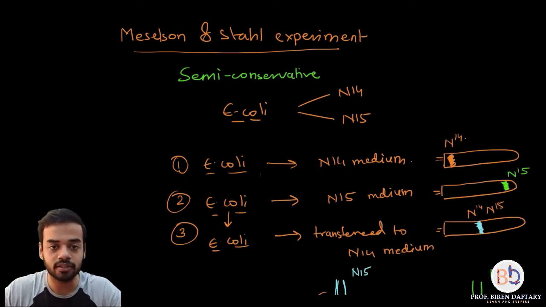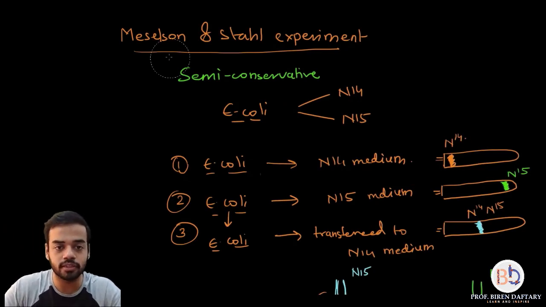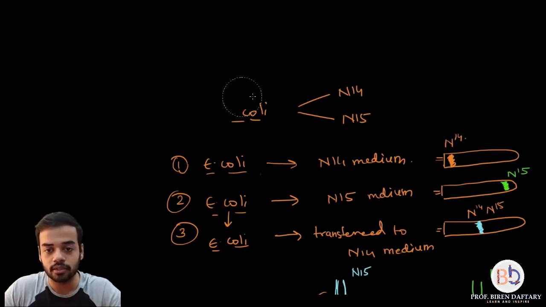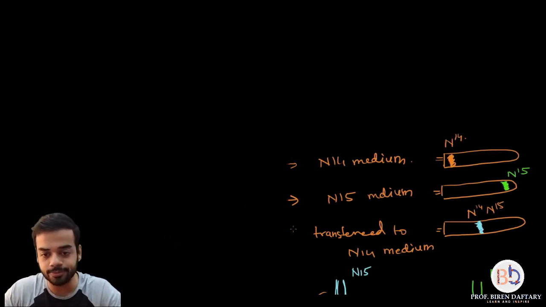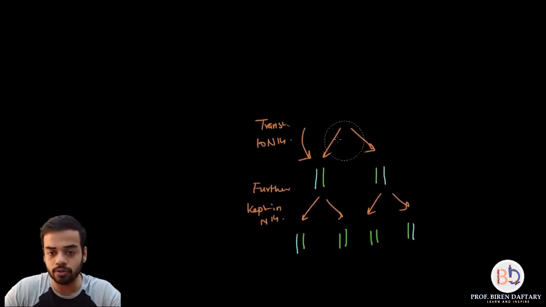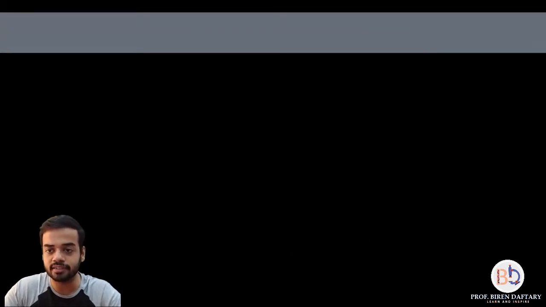Now the next part that we are going to revise for today is going to be transcription. So before we start with transcription, what is central dogma? Central dogma is basically also called the summarization of protein synthesis.